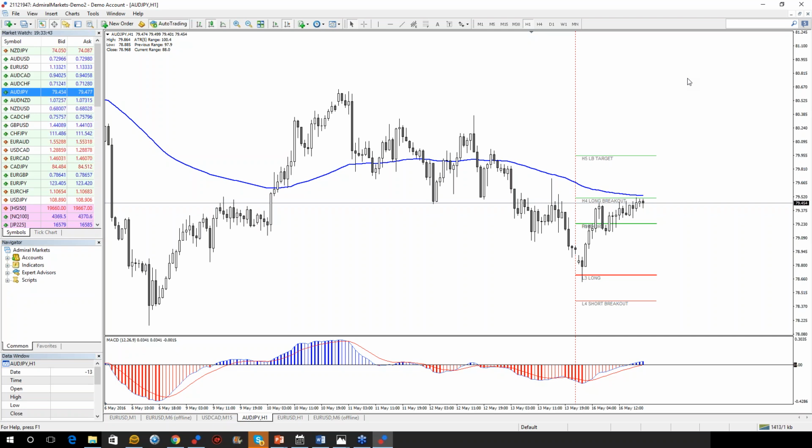Currently, I'm not sure what I can say about AUD. First, because we have a bullish pattern here. You see, left shoulder, head, right shoulder. Well, it can reject, but also it can spike.